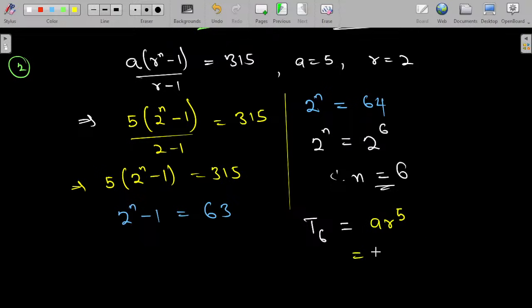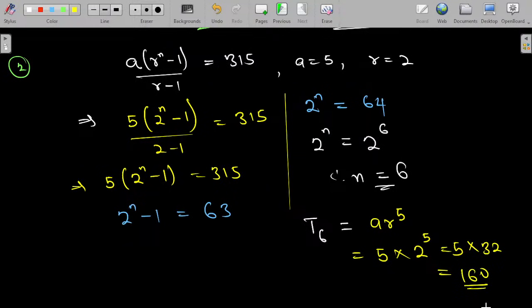So we'll substitute: A is 5 times R raised to, our R is 2, raised to the power of 5, and that's going to give us 5 times 32. 2 to the power of 5 is 32, and that is exactly equal to 160.